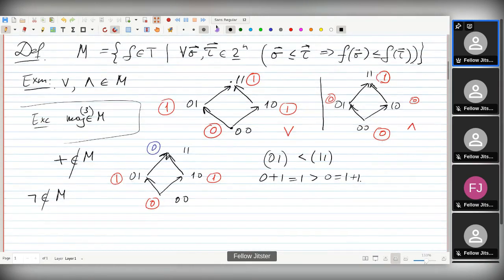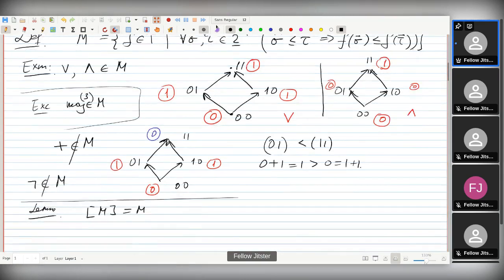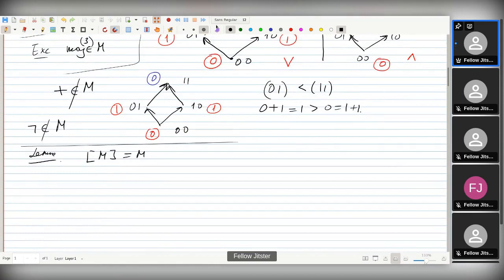That's it. And in fact, the class of monotonic functions is closed. So it is sufficient to prove that its closure is included into M.